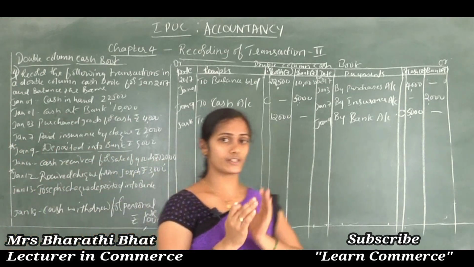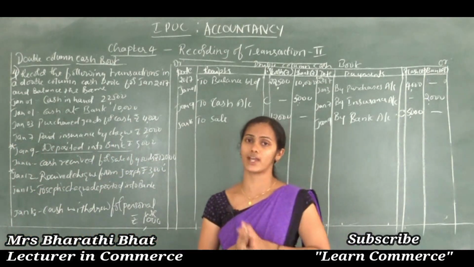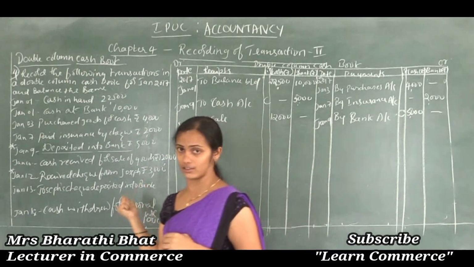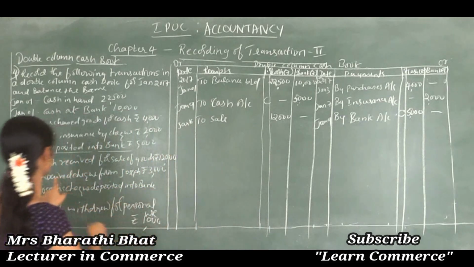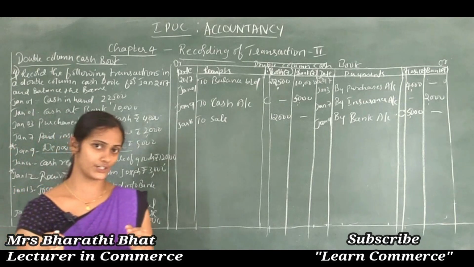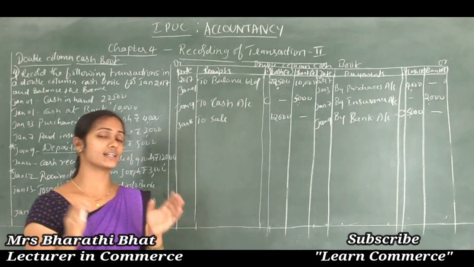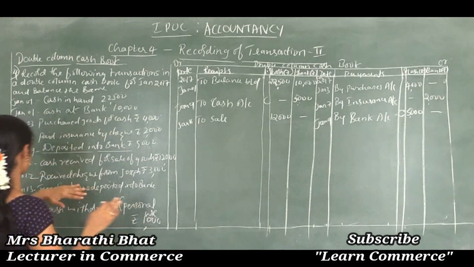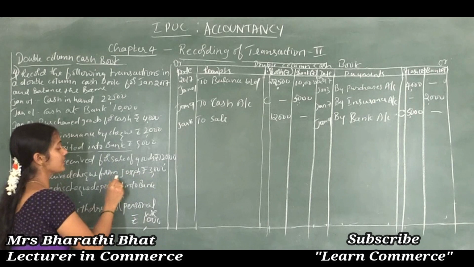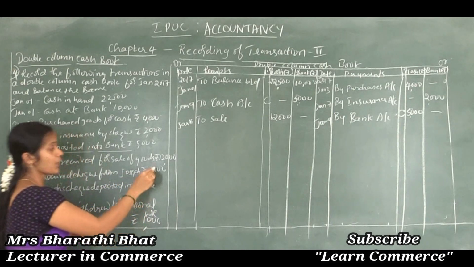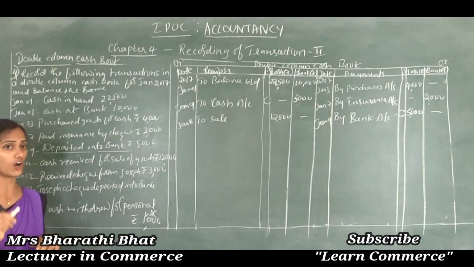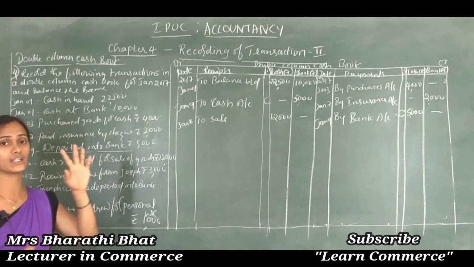See, if the transaction is like this, received check from Bharat or received check from X, and if an amount is given, here, see, received check from Joseph 3,000. If the transaction continues as Joseph's check deposited on the same day, then we can record this amount under bank column, or else we can't record that amount in bank column.